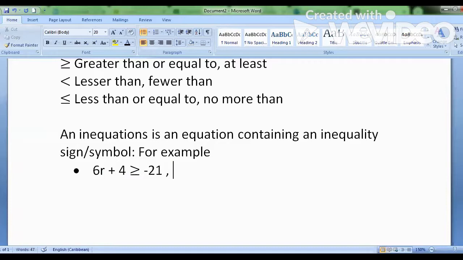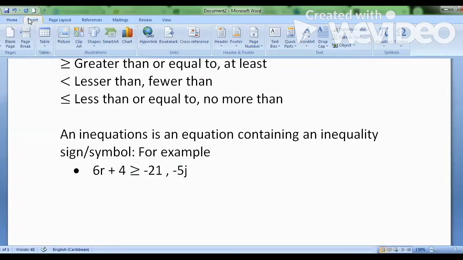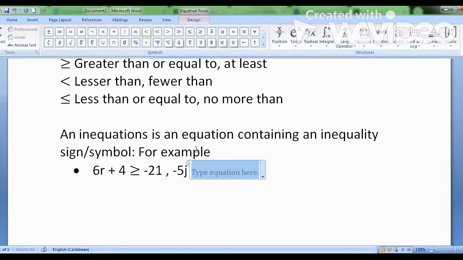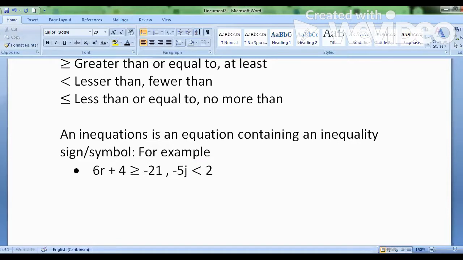Another one would be like this. So that's another example.